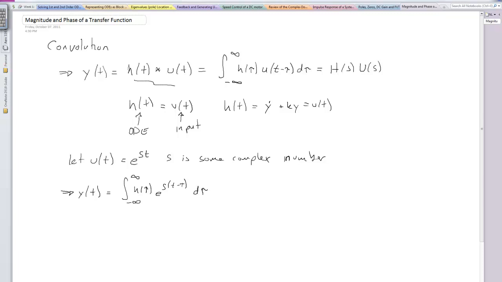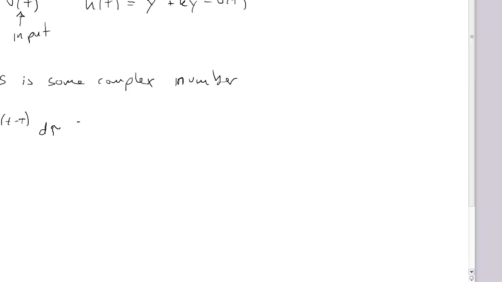And I can actually pull this e to the st apart, factor out the e to the st, because that is not part of what's being integrated. So this is h of tau times e to the st times e to the minus s tau d tau.